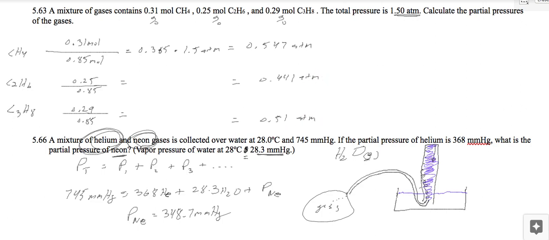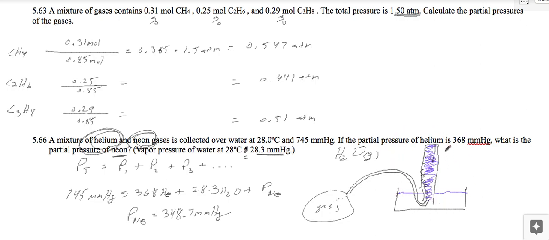Now, the reason why we put the Dalton's law of partial pressures in this gas stoichiometry section is that one of the ways that we can collect a volume of gas is using this method right down here.